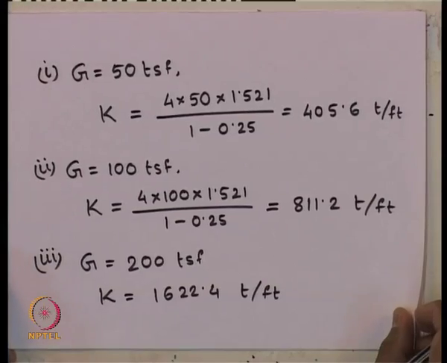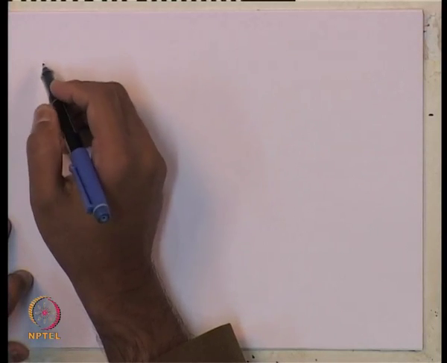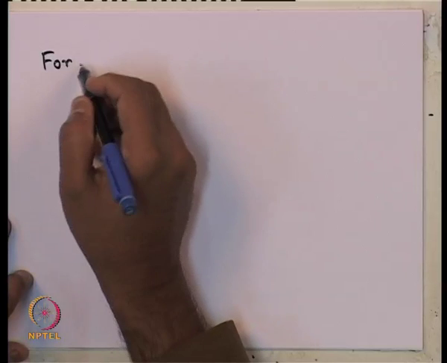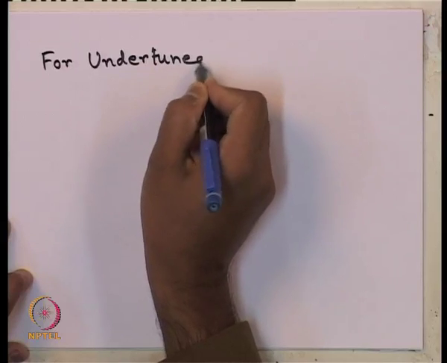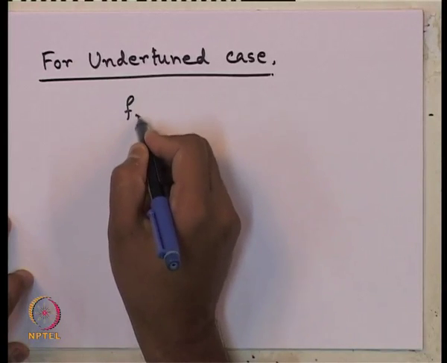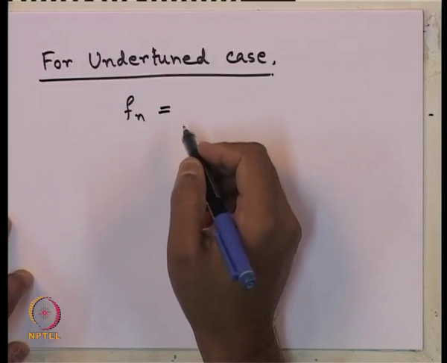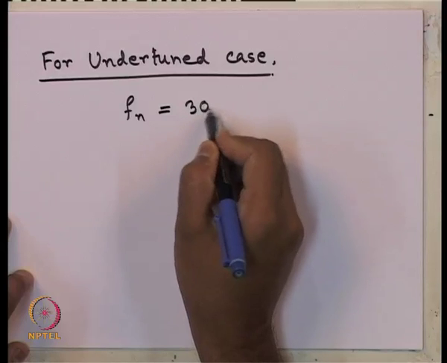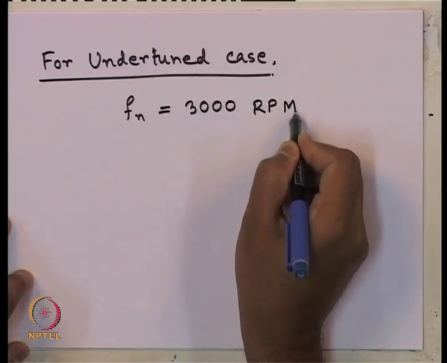Now, in the next step, we have to calculate the natural frequency for both the cases. Let us start with under tuned case. For under tuned case, Fn is how much? 3000 RPM.